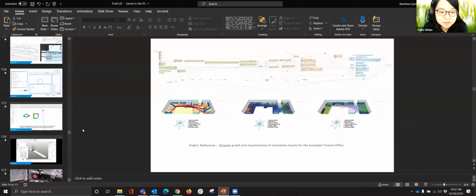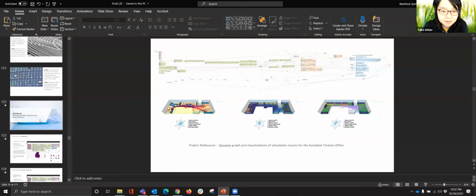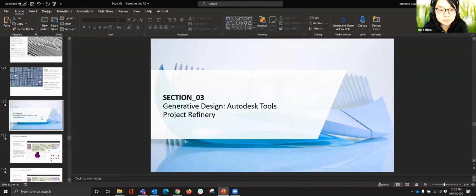Also, I have a question so far, and thank you for the presentation. There's a lot of possibility in how we use generative design. But I have a question for each project. How do you divide the tasks?